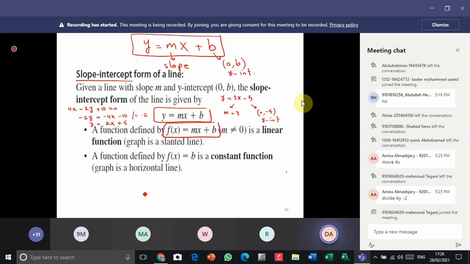Okay. If we have y equals b or f of x equals b, this is a horizontal line, and we can also call it a constant function. It is a constant function because for any value of x, the value of y or f of x stays equal to b, constant.